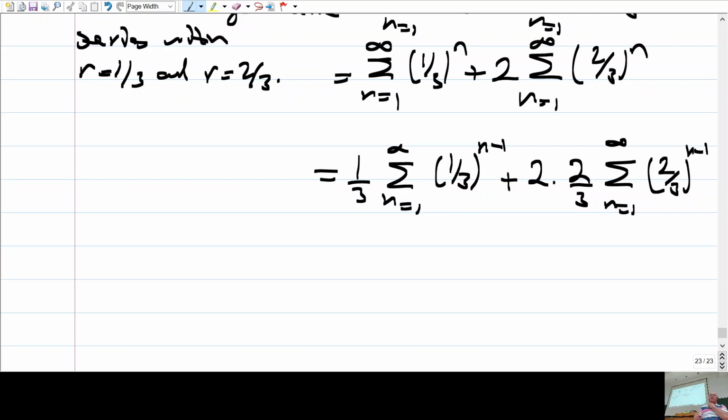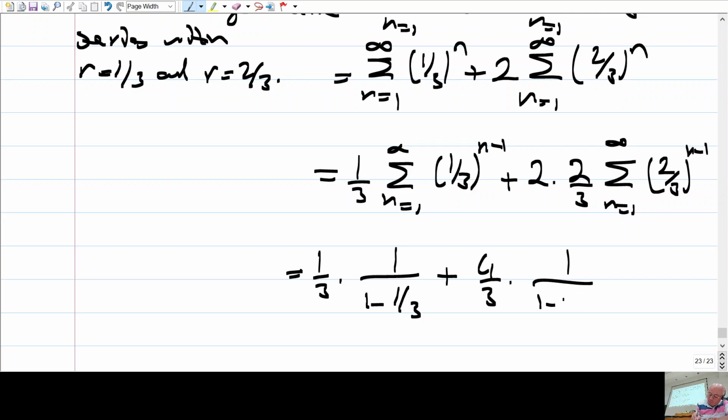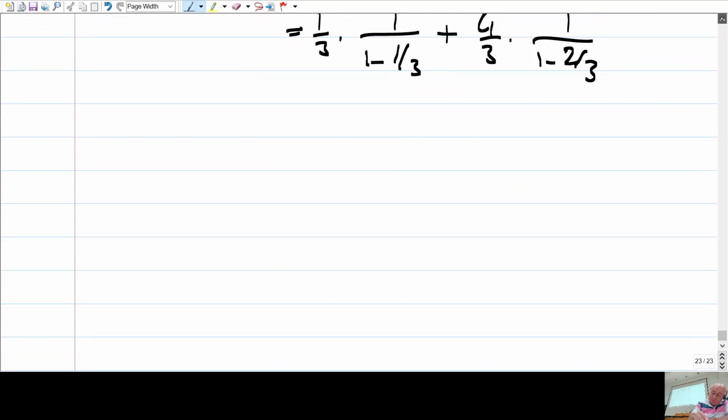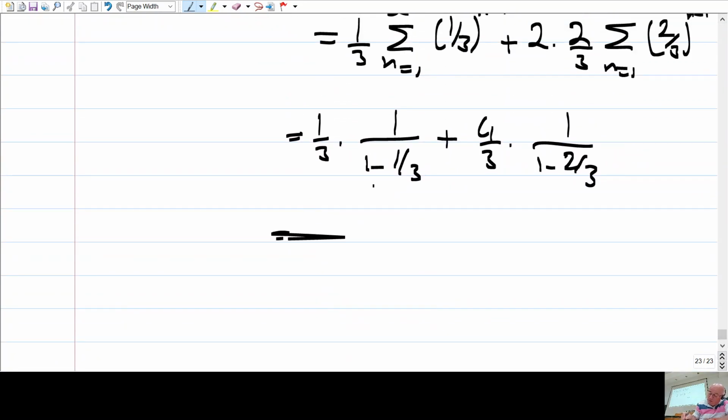Okay, and then I can do that. So this is just 1 over 3 times 1 over 1 minus 1 over 3, plus 4 over 3 times 1 over 1 minus 2 over 3. All right.